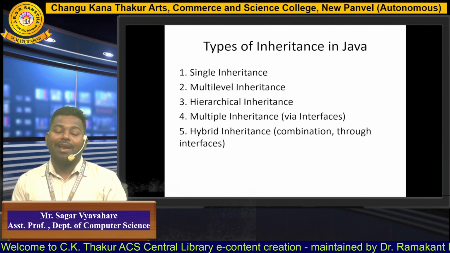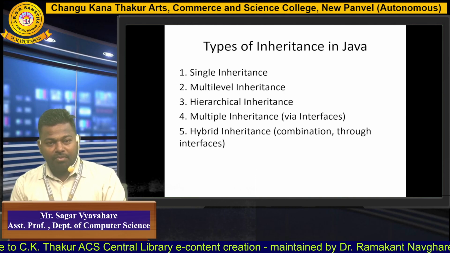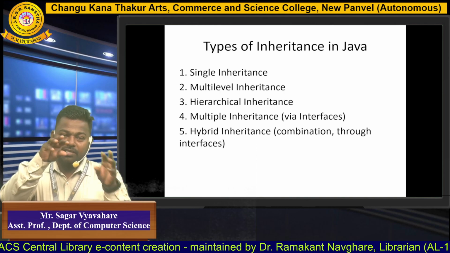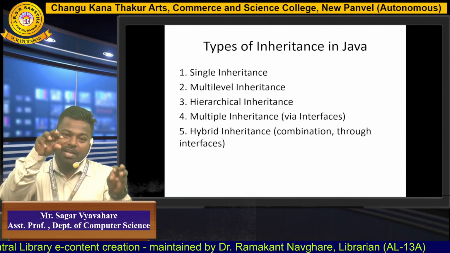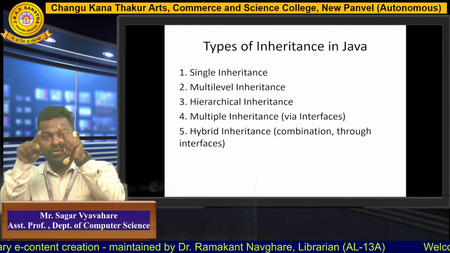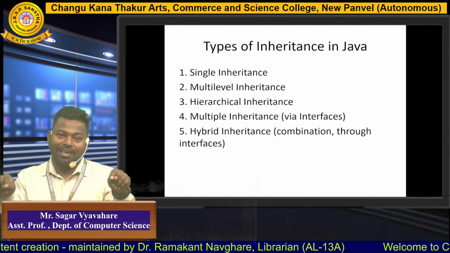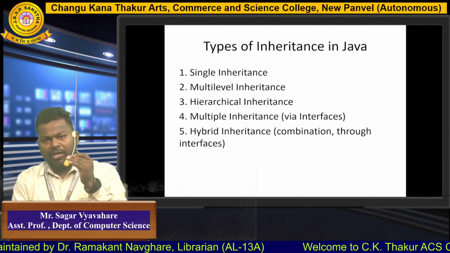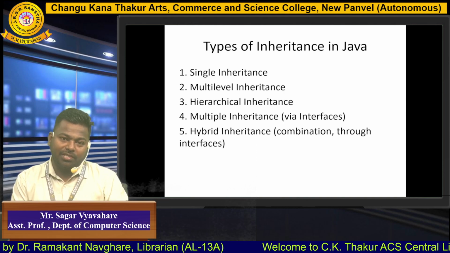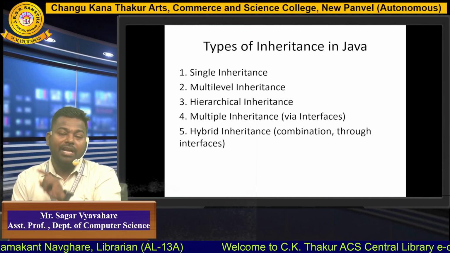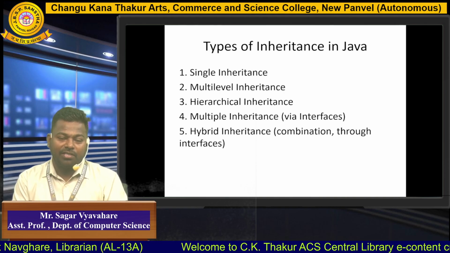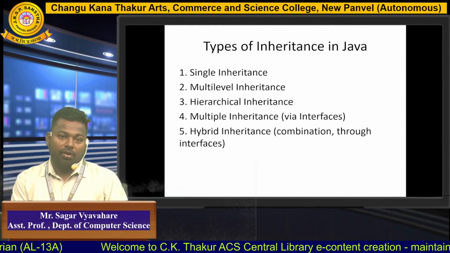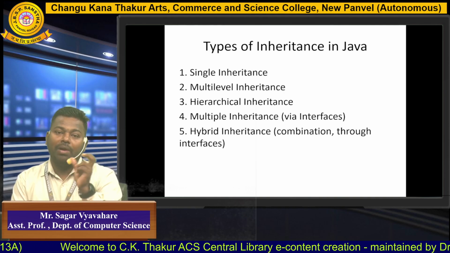Next is hierarchical inheritance, where, let's say, class A is inherited by class B as well as class C. That is hierarchical inheritance. Then multiple inheritance: using the extends keyword you cannot do this. You must use the concept called interface in order to do multiple inheritance.